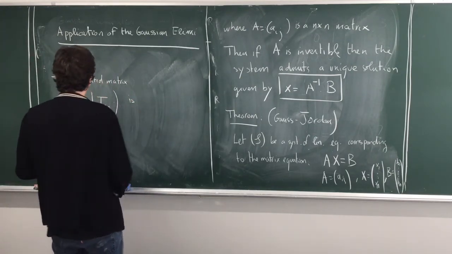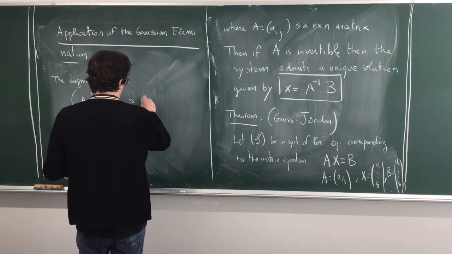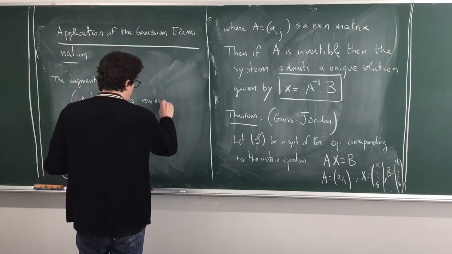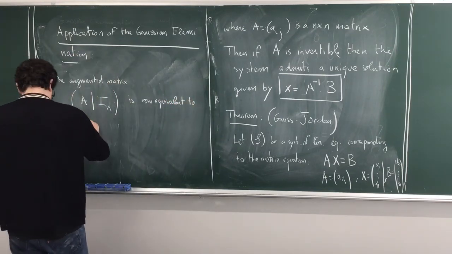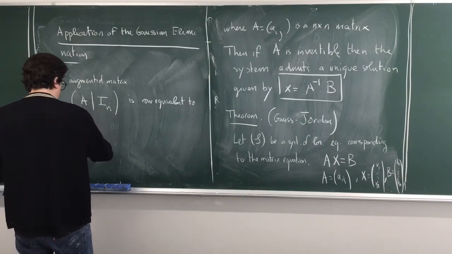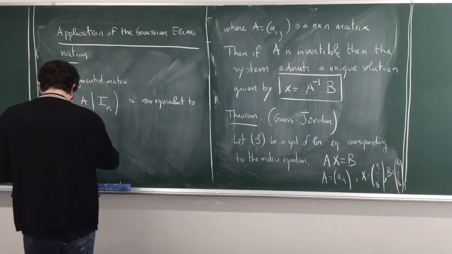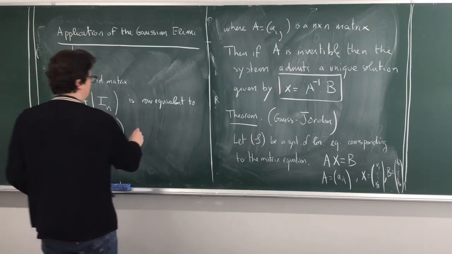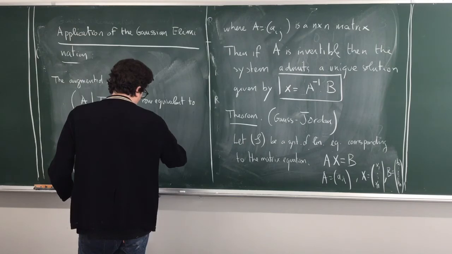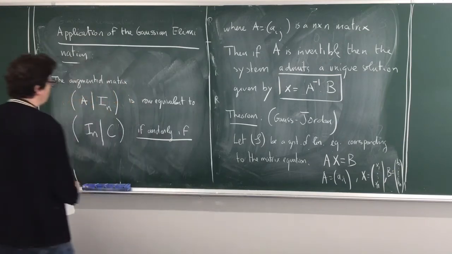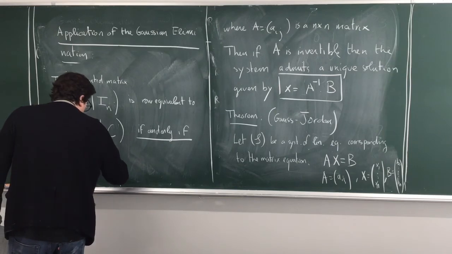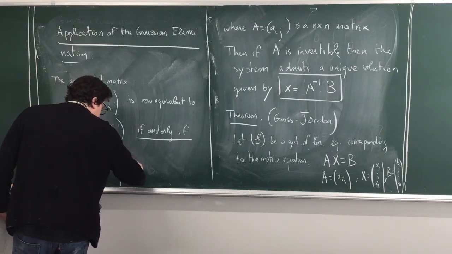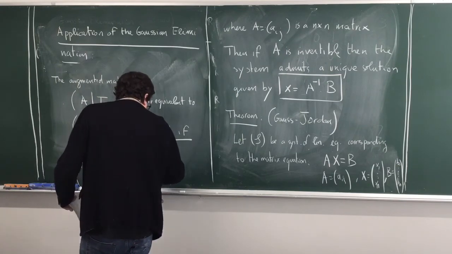This augmented matrix is row equivalent to the identity and a matrix C if and only if A is invertible, with inverse.